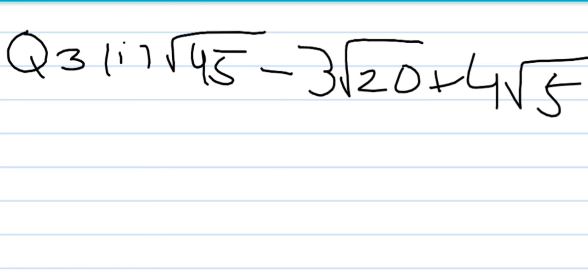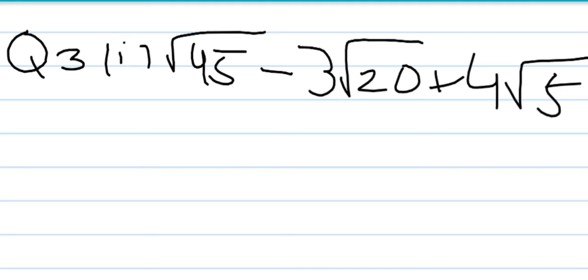So the next question is question number 3. Simplify by combining similar terms. Part 1 is under root 45 minus 3 under root 20 plus 4 under root 5. We will find the factors of the big values.